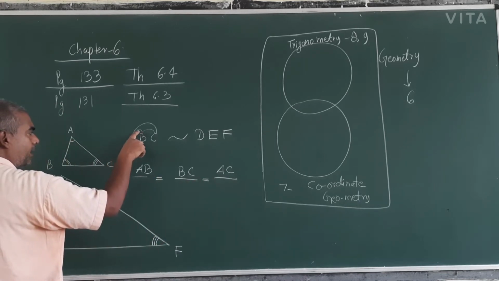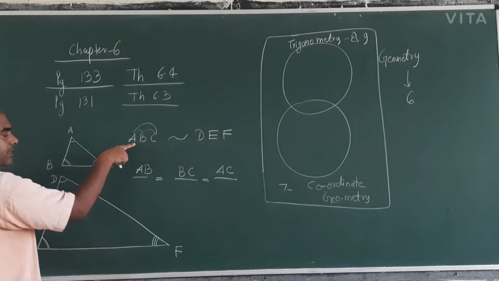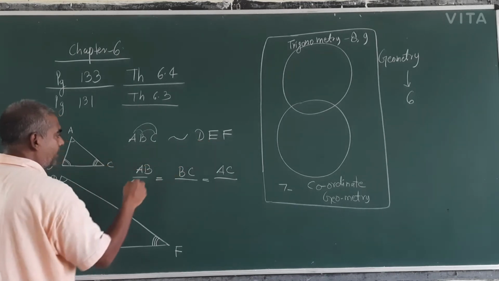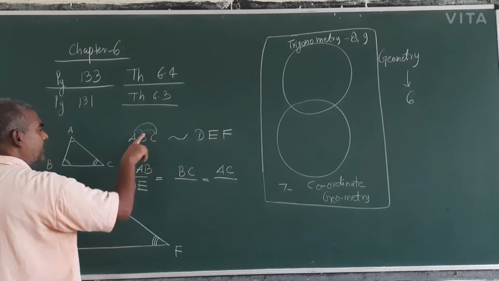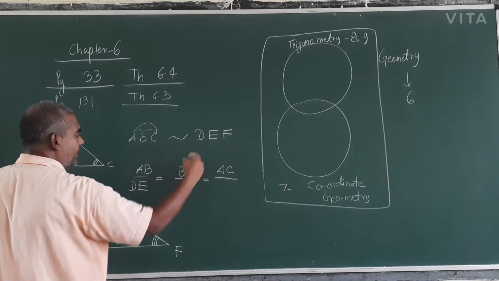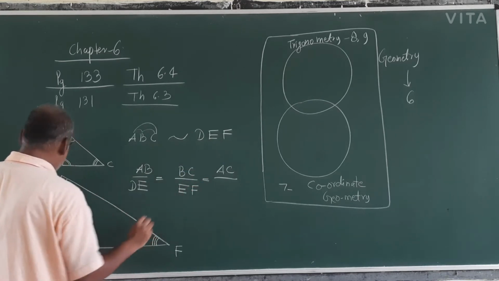What is the corresponding of AB? First and second. You may say A and B, first, second. So this is first and second, DE. BC, second and third, so EF. Corresponding, you have to point corresponding.